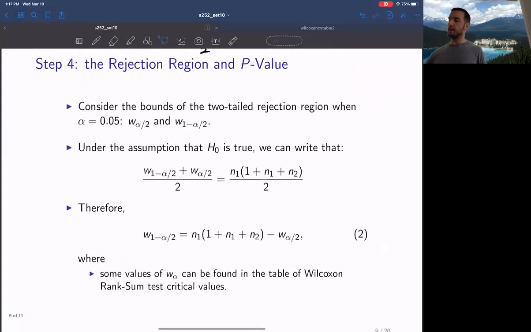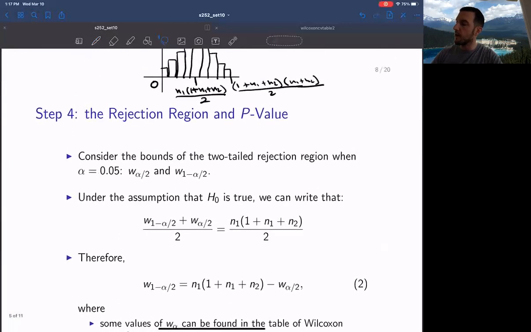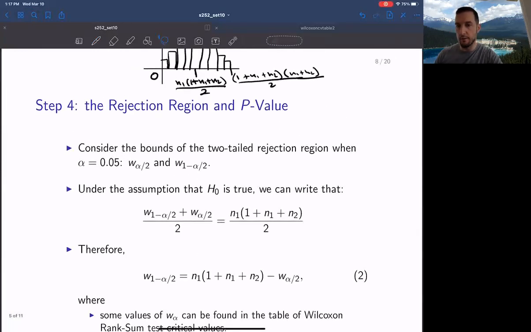Okay, so for the same reason that we had established for the signed rank test, if the median is at n1 times 1 plus n1 plus n2 over 2 for the distribution of the test statistic, that means that the 2 critical values are going to be symmetrical about the median as well.